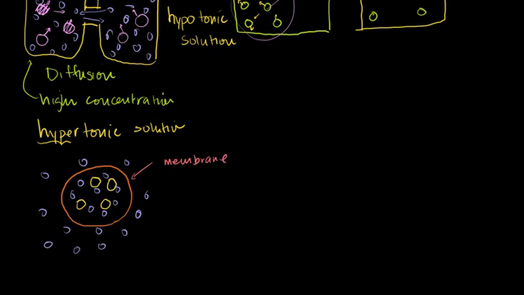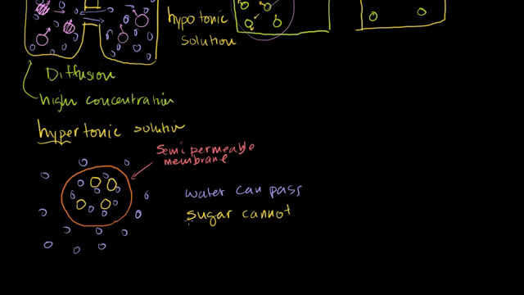And this membrane is semi-permeable. Permeable means that it allows things to pass. Semi-permeable means it's not completely permeable. So in this context, I allow water to pass through the membrane. So water can pass. But sugar cannot. Sugar is too large. And the reason in this case is because the sugar molecule is too big.